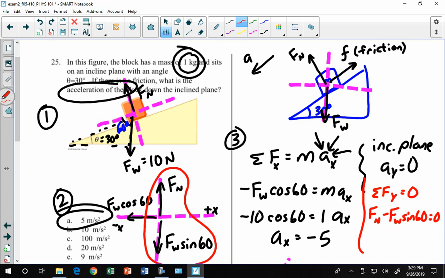Okay? I know we're going to do this in class. Now, you might be a little confused right now, but I want that to help you in class when we see that tomorrow when we start doing the incline plane, because it will be a big part of your exam. The other free response will be an incline plane, and it will have friction on it, so it'll be even a little more complicated than this.